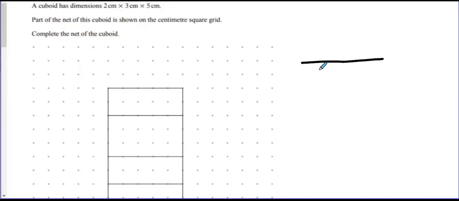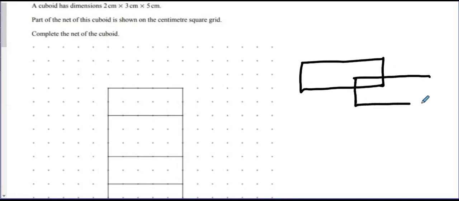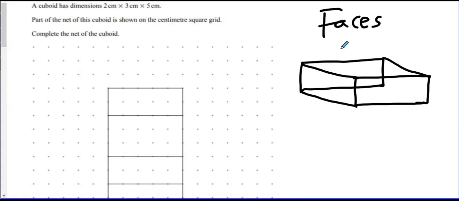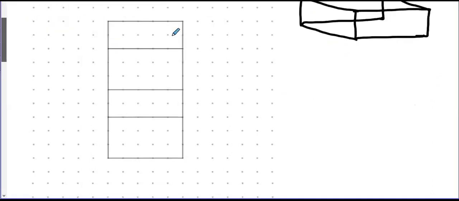A cuboid is a shape that looks like this. This is what we call a cuboid. Okay. So how many faces does a cuboid have? A cuboid has 6 faces. Now, if you can see here, they have drawn a net of a cuboid.